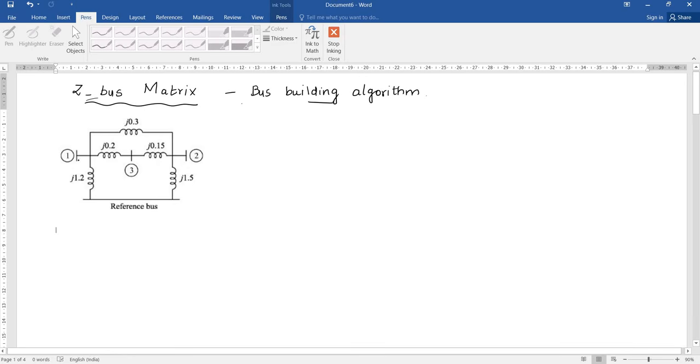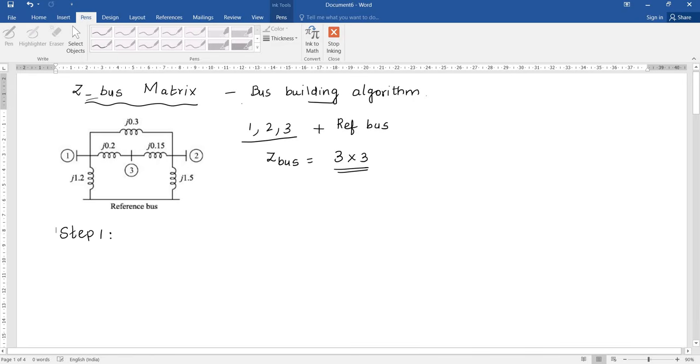This power system consists of 3 buses, 1, 2 and 3, plus a reference bus also. With respect to 3 buses, our Zbus matrix will be a 3 cross 3 matrix. Now I am going to explain how to find the Zbus matrix using the bus building algorithm.